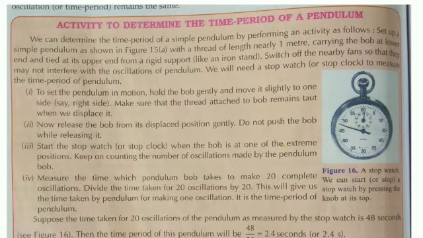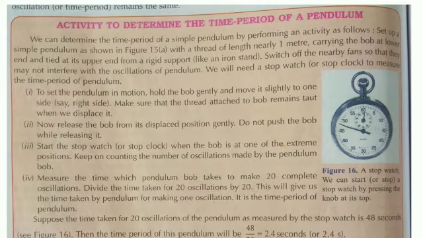Start the stopwatch and count 20 oscillations, means 20 to and fro, from C to A to B, B to A to C, made by the pendulum bob. Measure the time which the pendulum takes to complete 20 oscillations and divide this time by 20.